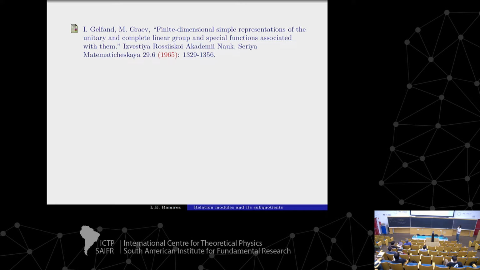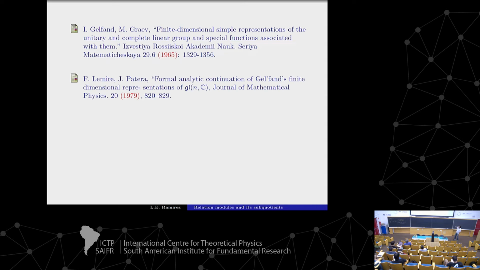They conjectured some construction of different modules for GLN, but at some point, Lemire and Patera studied this paper, and then they realized that some of the constructions were wrong, and they conjectured what should change in the construction in order to obtain this kind of nice modules and preserve the structure.